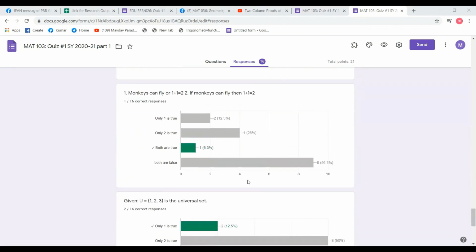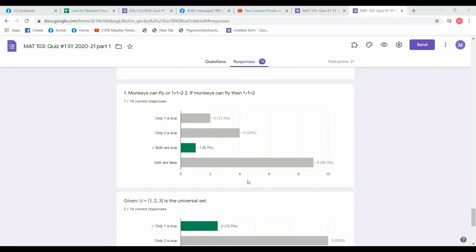Okay, that's this one. We have an or statement, a disjunction, and a conditional statement, an if-then statement. So let's try to recall back. A statement is true in disjunction if at least one is true.